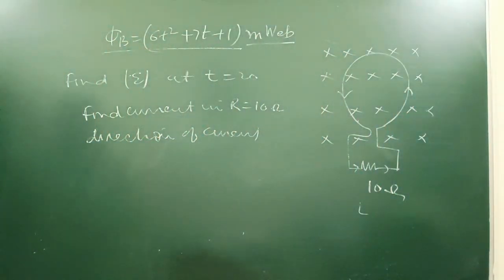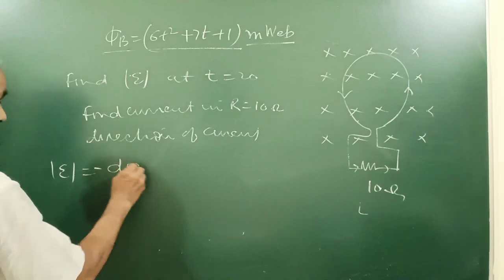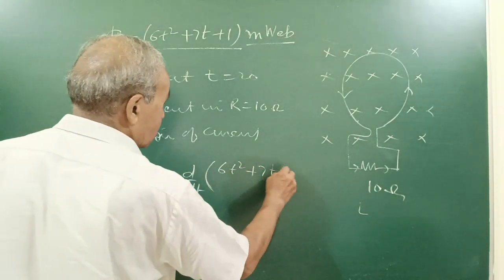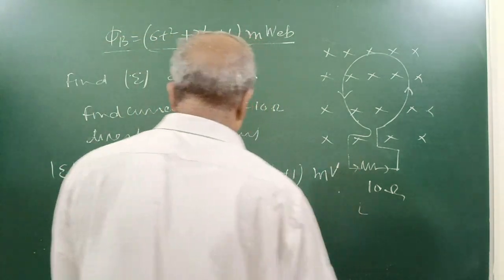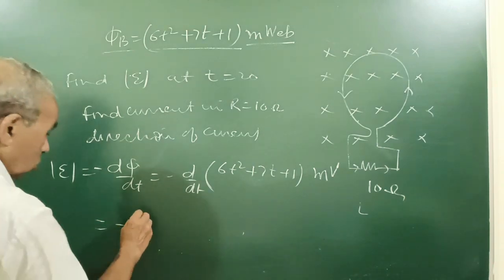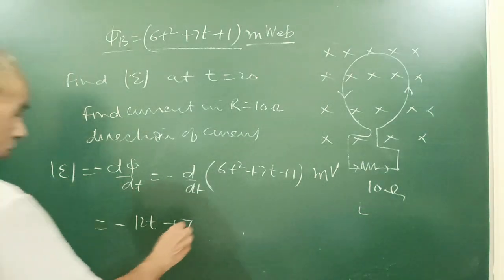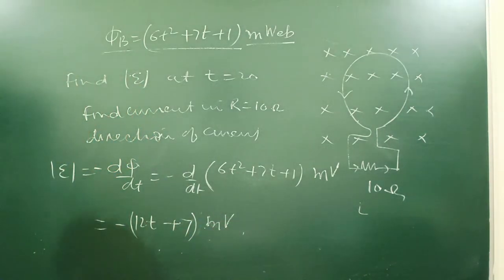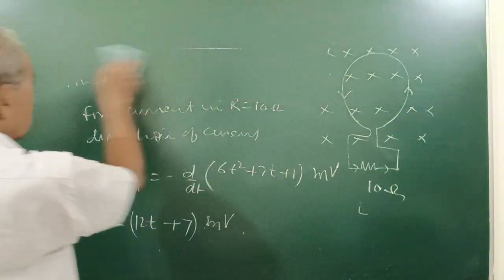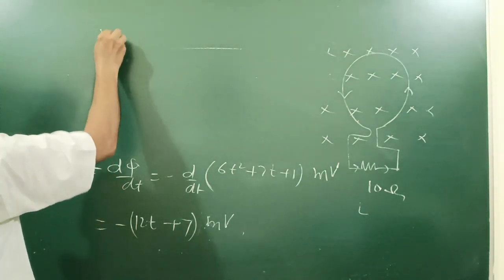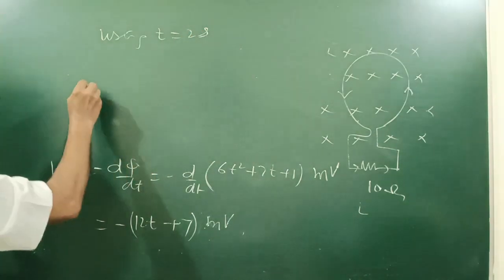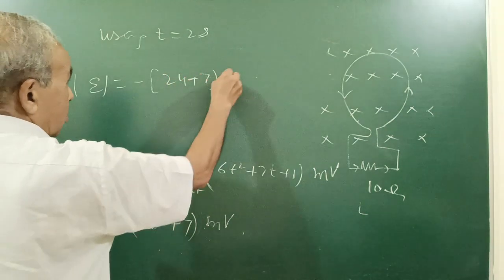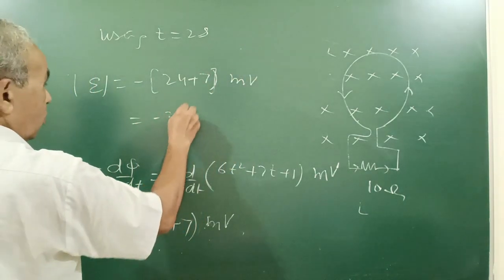The direction is simple. The magnitude of E equals minus d phi by dt, that is minus d upon dt of 6t square plus 7t plus 1, in millivolt. So it is minus 12t plus 7 millivolt. Putting t equal to 2 seconds, modulus E is minus 24 plus 7 millivolt, that is minus 31 millivolt.